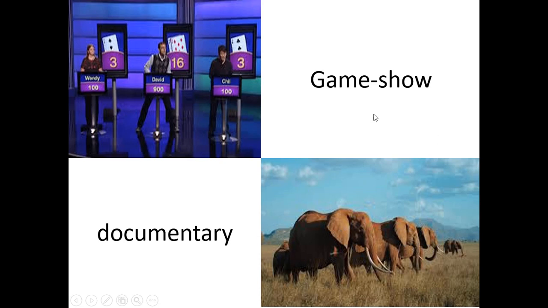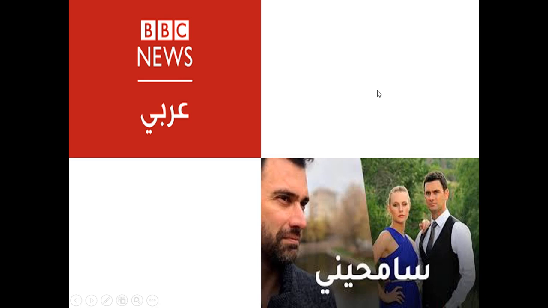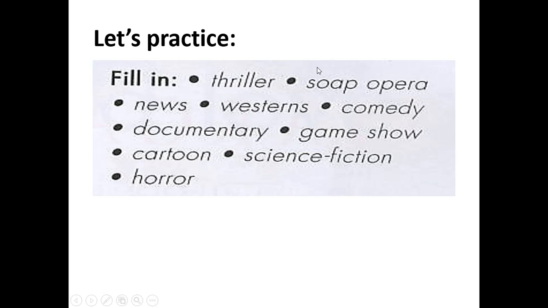Next we have, of course, the news, and this is soap opera. News, soap opera. Again, you can pause the video and go back to each movie type, listen to it. You can pause and write down the words. Good. Now it's time for practice.